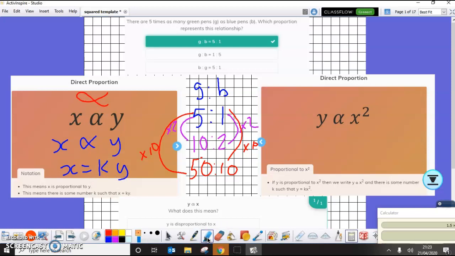So what in effect we've done there is we've taken the proportionate sign and replaced it with equals k. And that works in every single one. So if you wanted to have a go at the next one on the opposite side, this one here, you can feel free to stop the video, give it a go, and see if you've got it correct.